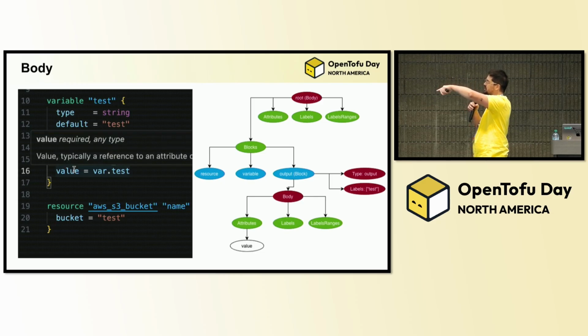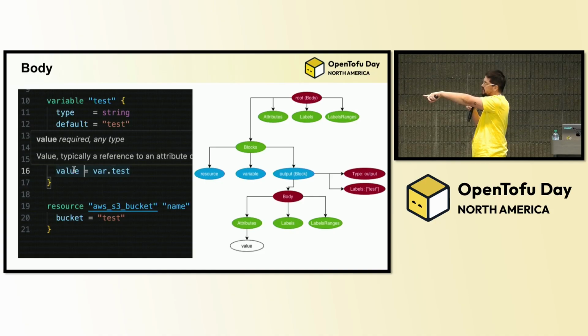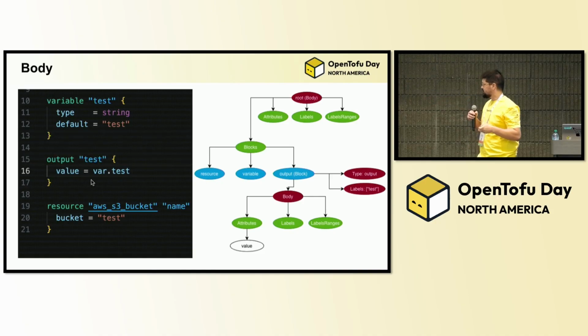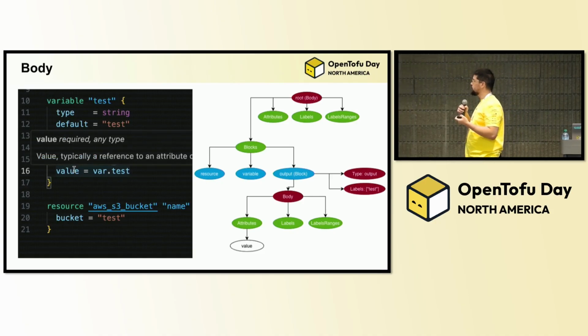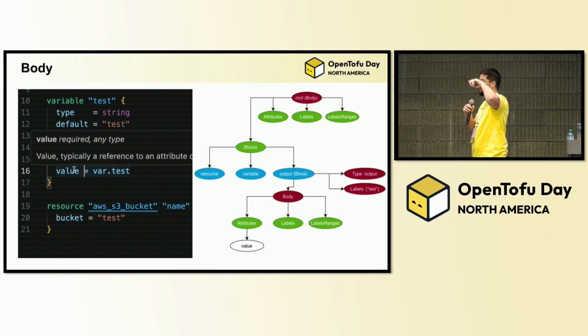So you can see the variable, the output, that's the one that I'm hovering, the resource, that would be the last one, and the output block would have a lot of different attributes, but it would have a body as well. So it's kind of a recursive search of where you want to be.